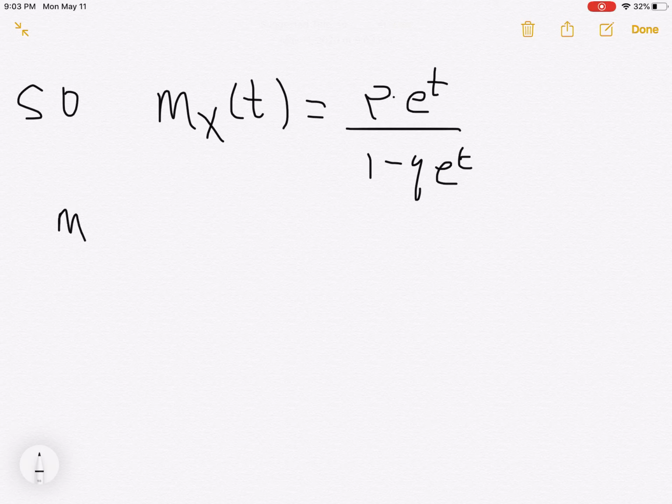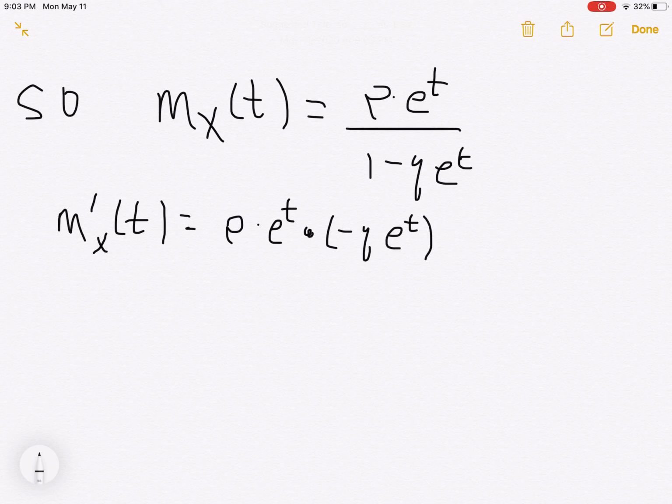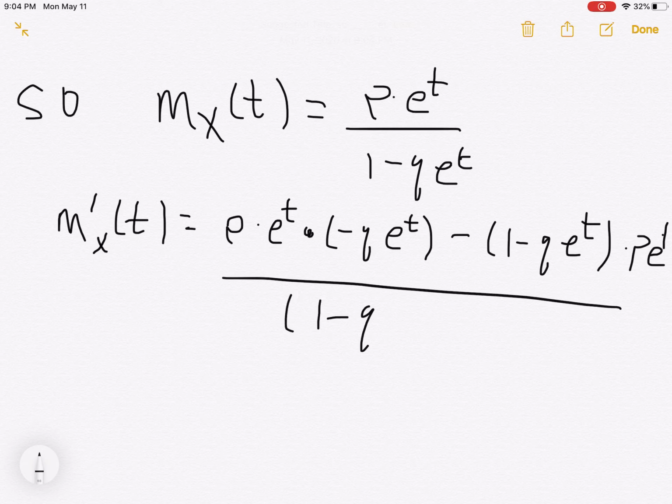Remember, using the quotient rule, it'll be the top, which is P times e to the t, times the derivative of the bottom, which is minus Q times e to the t, minus 1 minus Q e to the t, times the derivative of the top, which is P e to the t, divided by the bottom squared, 1 minus Q e to the t, quantity squared.